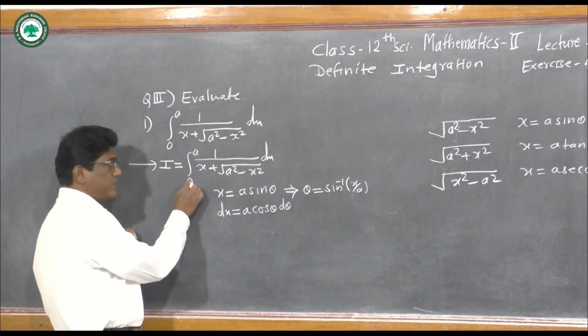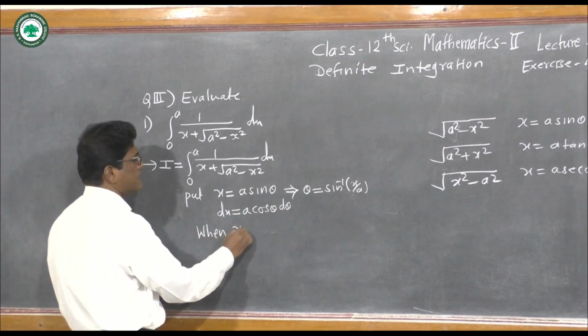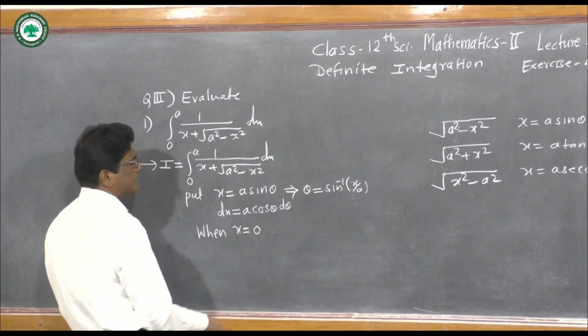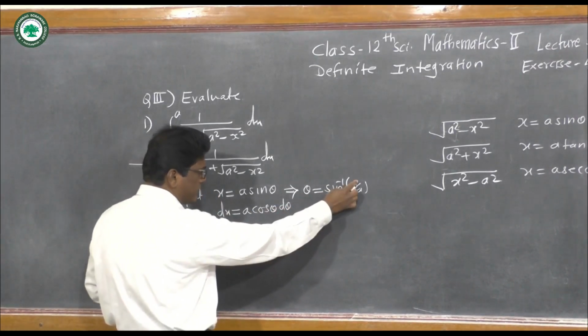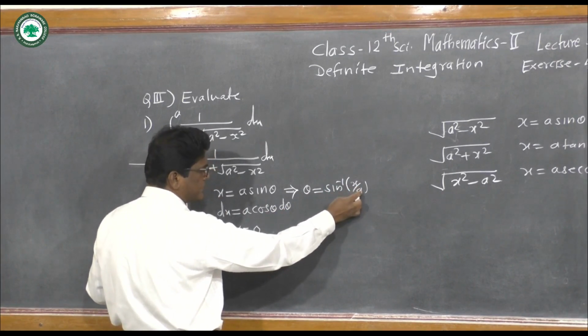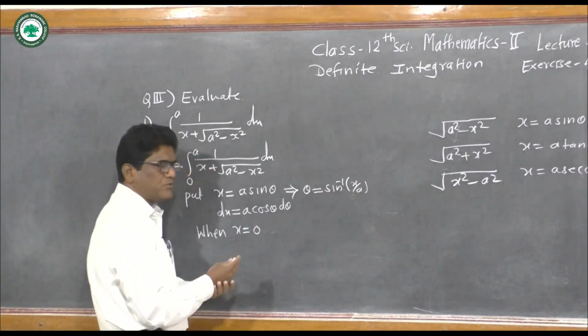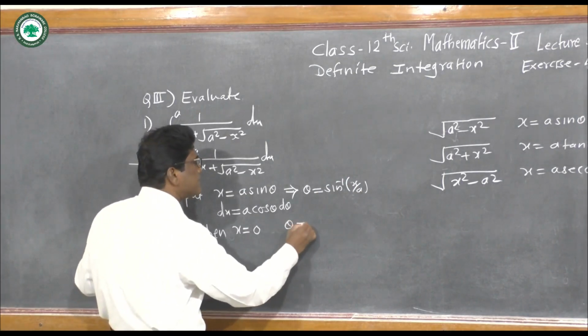Now we change the limits. When x is equal to 0, theta is equal to sin inverse of 0 upon a, that is sin inverse of 0. So 0 is the value for sin of 0, so we get theta as 0.